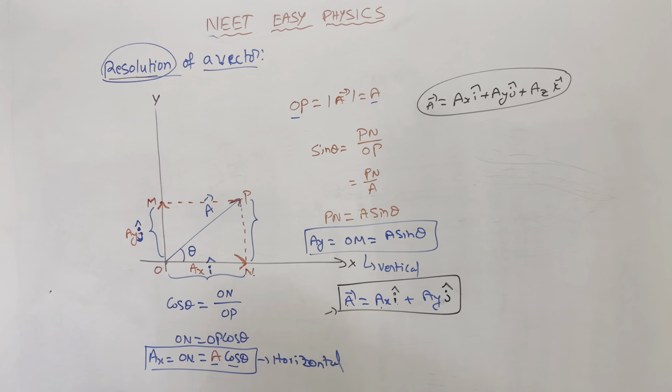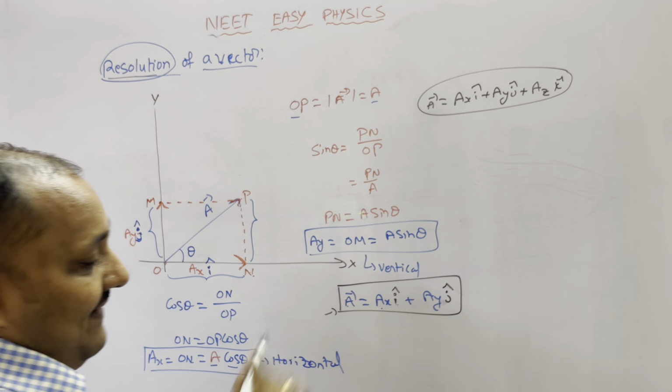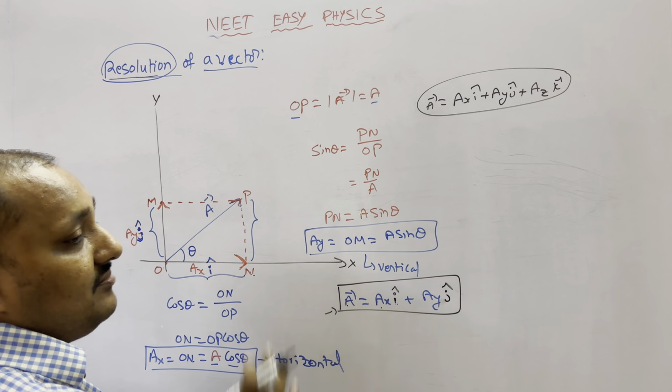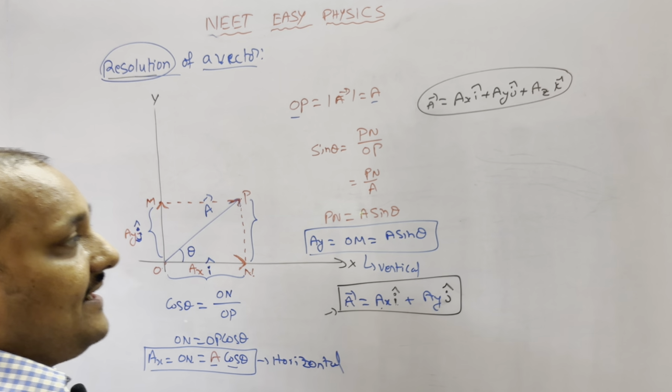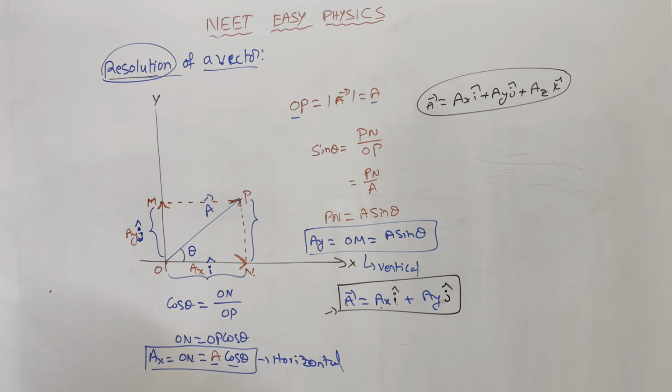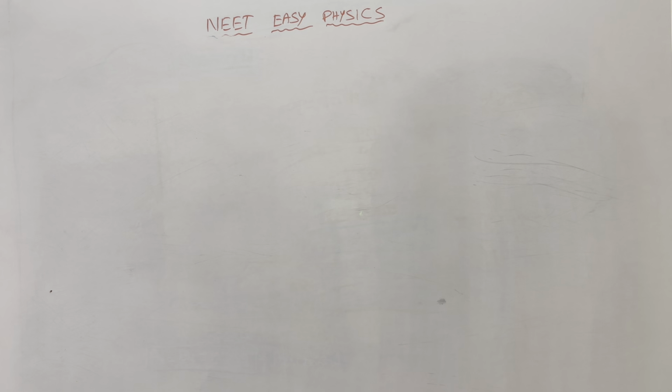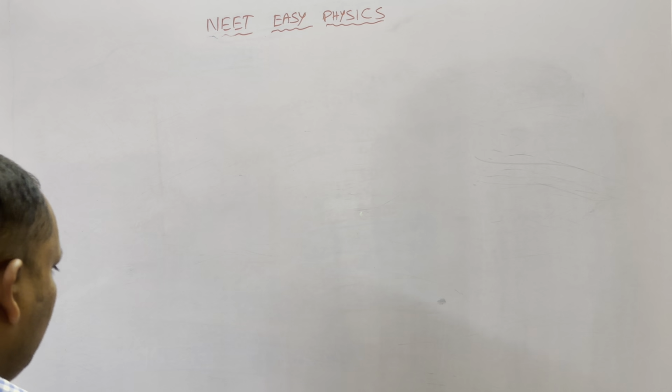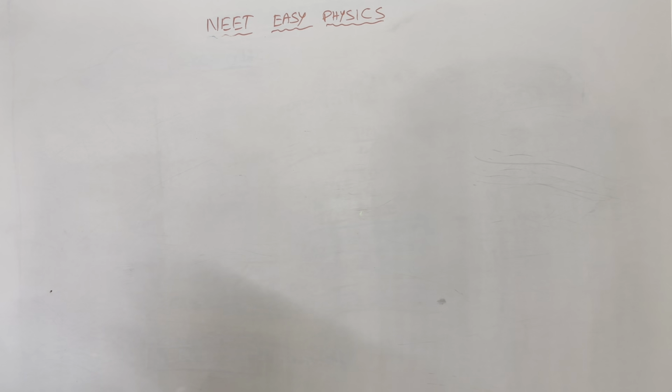So this is the representation of a vector in terms of unit vectors, and we are going to use this resolution many times, in first year and second year, whenever we are solving physics problems. Next we will see different resolutions of vectors and how they are applicable.